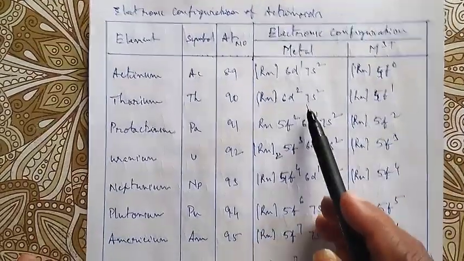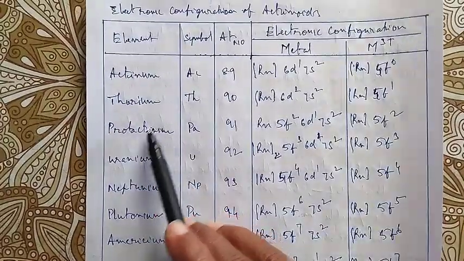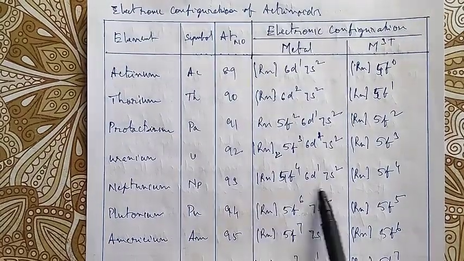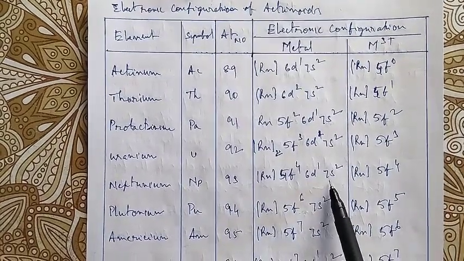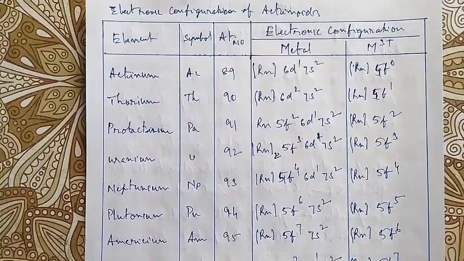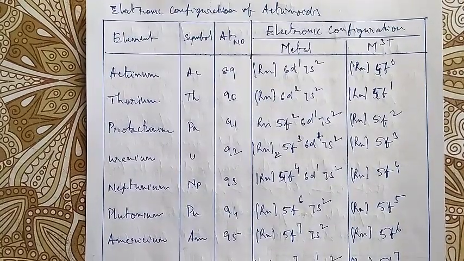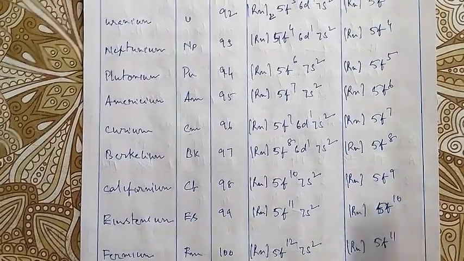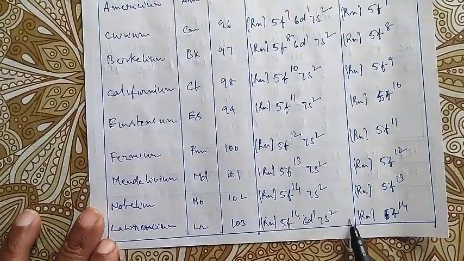So the configurations are given here. Actinium, thorium, protactinium, uranium, neptunium have an electron in the 6d subshell, and also berkelium and lawrencium have a 6d electron.